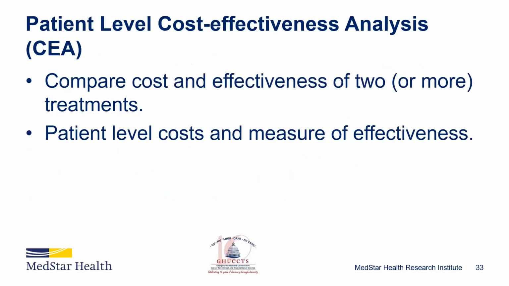So the example I'm going to use is applying probabilistic sensitivity analysis to cost-effectiveness analysis. In a cost-effectiveness analysis, we want to compare the cost and the effectiveness of two, or more, treatments.